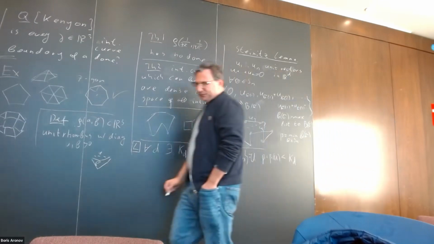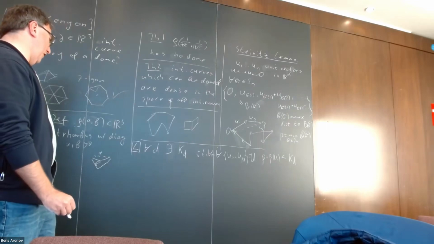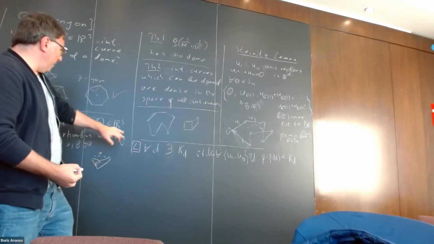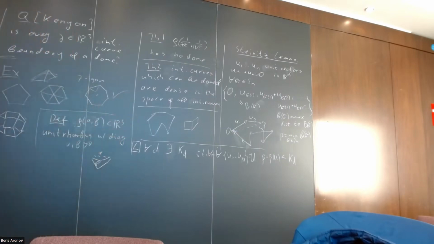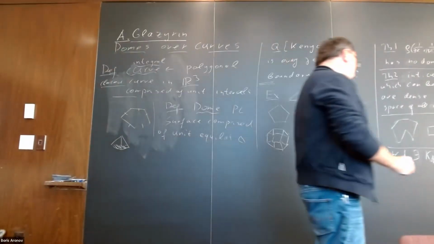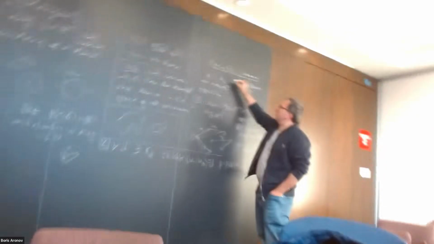This was about 100 years ago when he proved it, and everything I'm saying is joint with Alexey Glazyrin. In our paper, we do a bit of a review of what's going on. But the Steinitz idea was very simple.